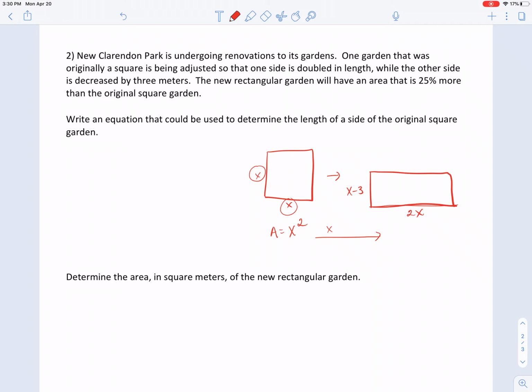So it's going to be times 1.25, and that will give us a new area of 1.25x squared. So since it's being increased by 25%, I multiply the area by 125%, which is 1.25.